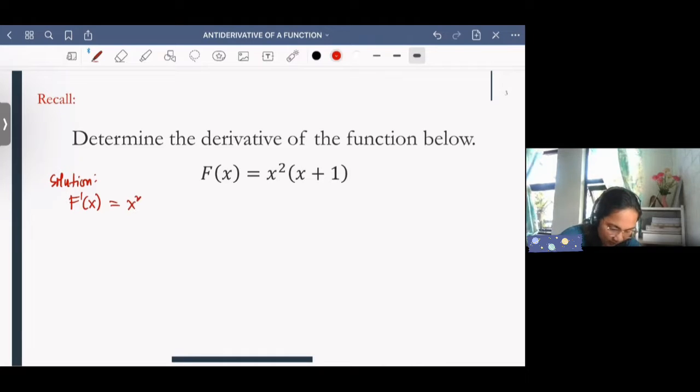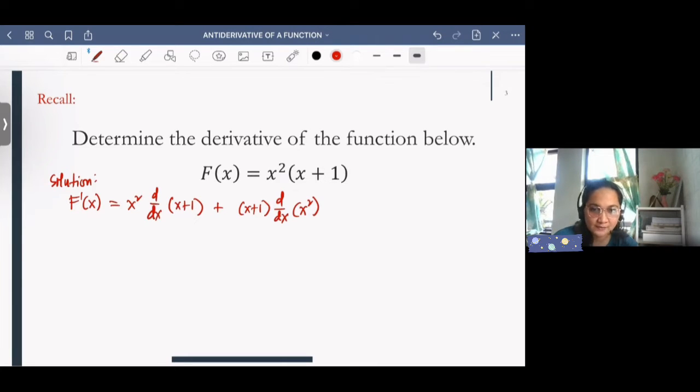So you have x squared times the derivative of x plus 1 with respect to x, plus copy the second function, that's x plus 1, multiply that by the derivative of x squared.